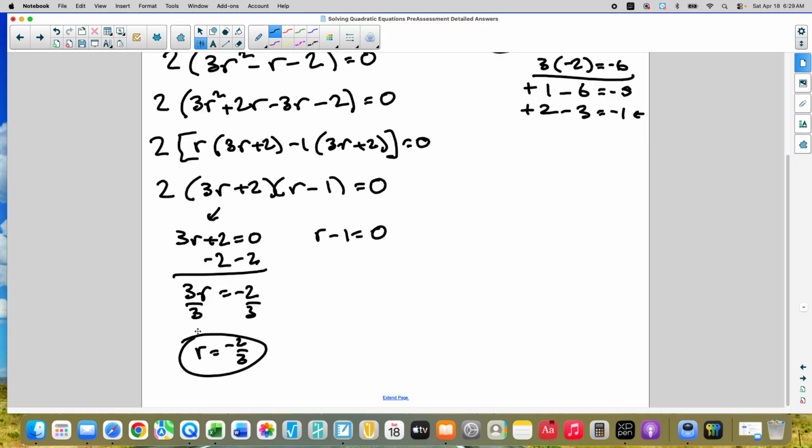That's one of the solutions. This is the other solution. 2 is not a solution. 2 will not make it 0. 2 is the constant, so please don't include 2 in your solution sets. The only 2 solutions are negative 2/3 and 1.